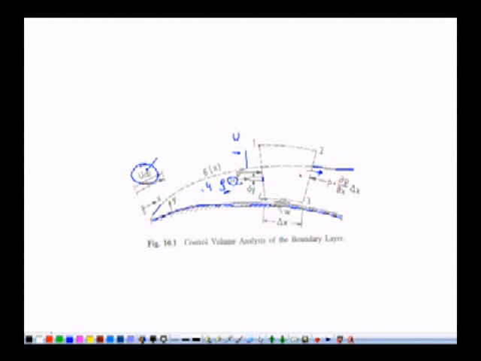If more mass is going out from 2, 3 than 1, 4, then naturally some of the mass is coming from 1, 2, because no mass can enter through 3, 4, because 3, 4 is within the solid boundary. So from the solid boundary, no mass can enter into this control volume.